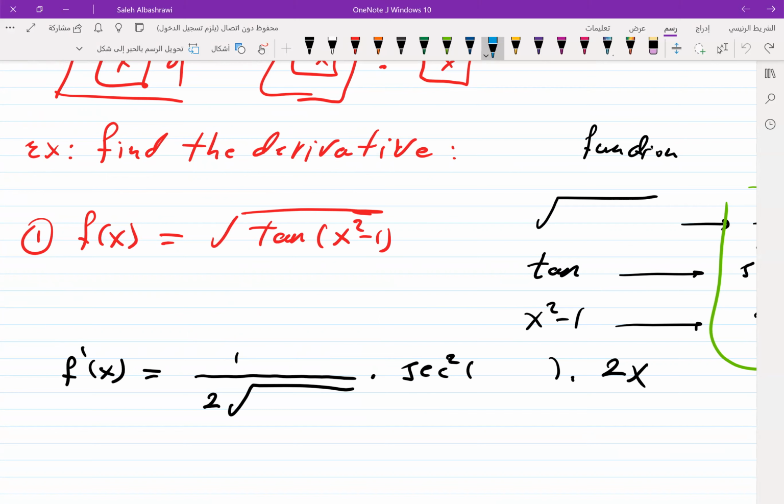Now inside the square root, we talk about the derivative of the square root only, so the tangent should be there inside without any change. It is x square minus 1. In the second step, we found the derivative of the tangent, so the angle must be there without any change. It is x square minus 1. Then the derivative of the last function, which is x square minus 1, will give me 2x. So this is the derivative using the chain rule.